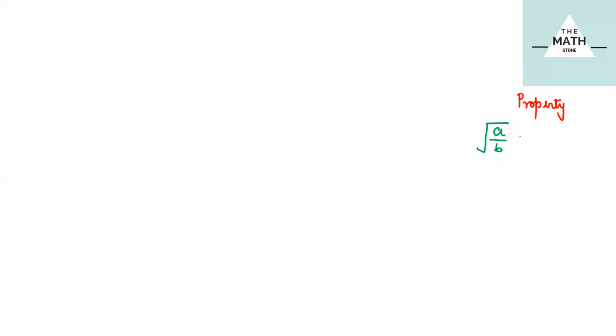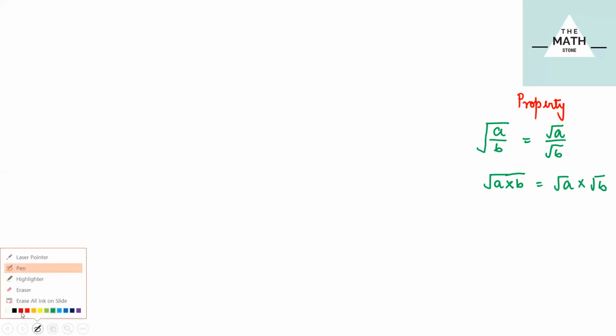This is called the division property of square roots. The square root gets separated. And the multiplication property will also be applied: square root of a times b equals square root of a times square root of b. Okay, so let's get started.